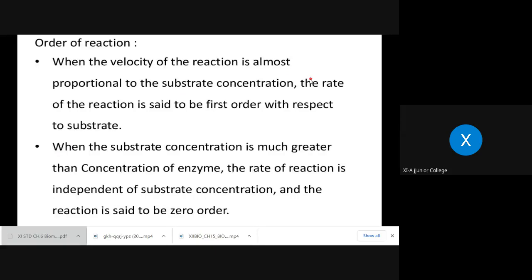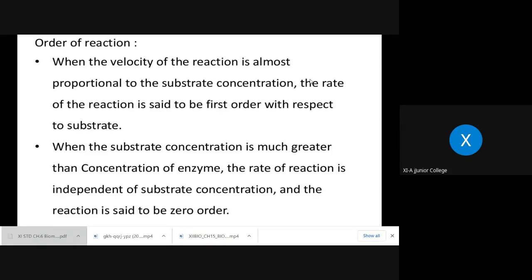In the previous explanation, what is given is, when the velocity of the reaction is almost proportional to the substrate concentration, the rate of the reaction is said to be first order with respect to substrate. But when substrate concentration is much greater than the concentration of the enzyme, the rate of the reaction is independent of the substrate concentration and the reaction is said to be zero order.